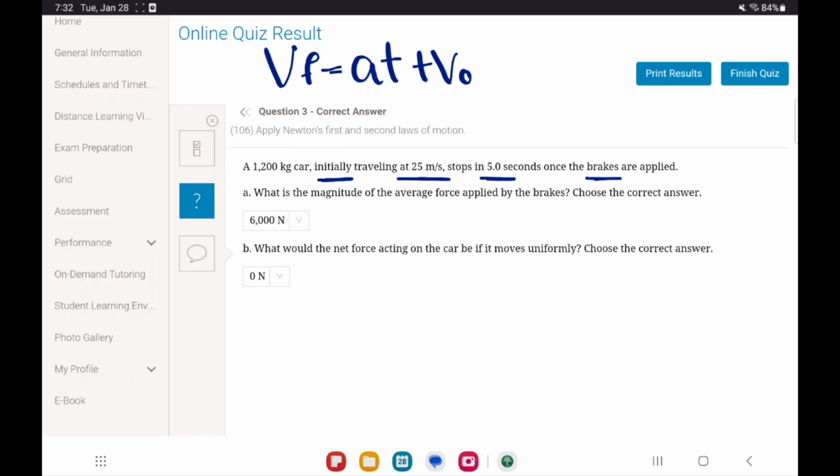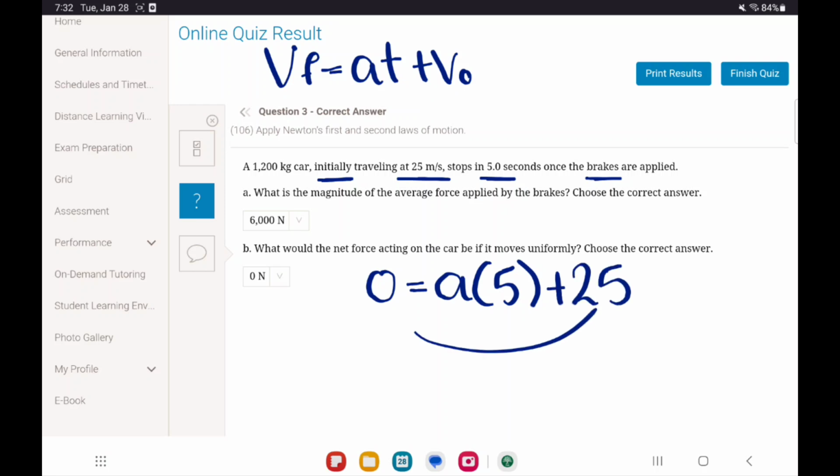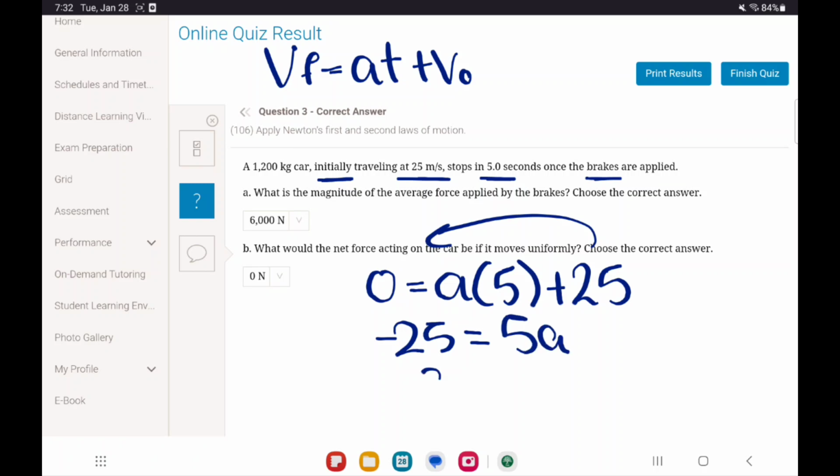Brakes means stop, so your final is 0. So let's do 0 equals A, because we don't know A, times 5, plus 25. We move 25 to the other side. So negative 25 equals 5A. You divide by 5. A equals minus 5.